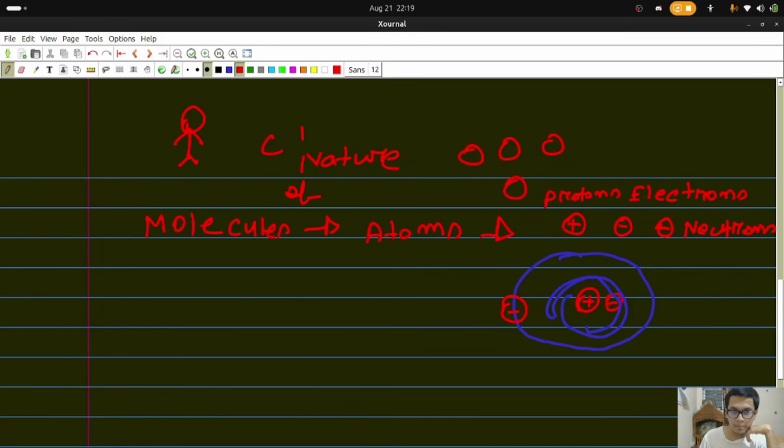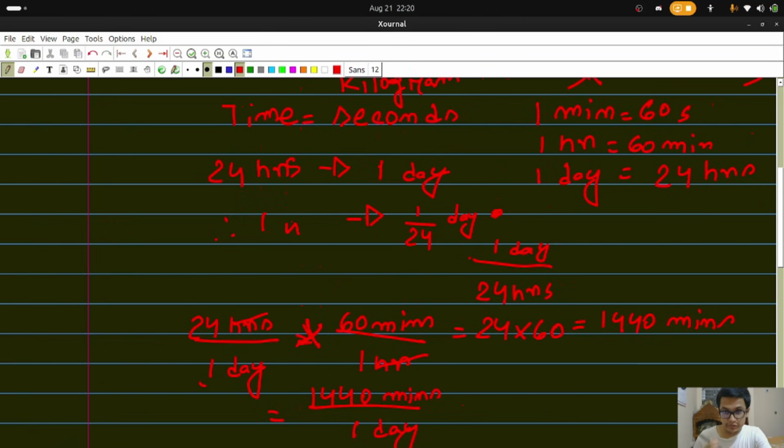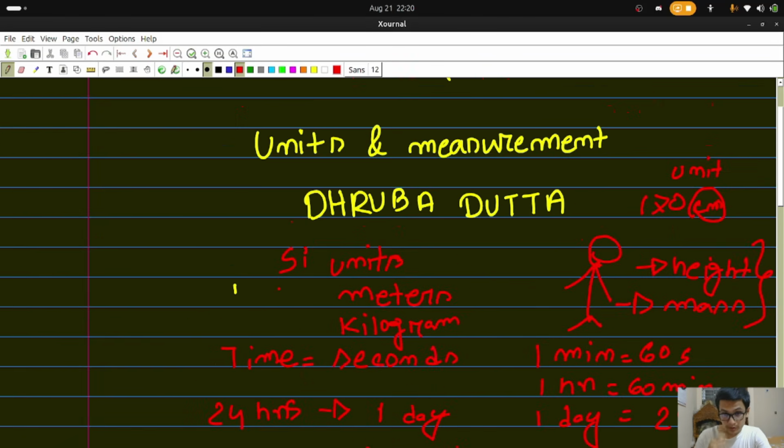At first we have molecules, and if we break more we have atoms, and then protons, electrons, and neutrons. There's more in-depth stuff like that. Those are some advanced particle physics topics, but we don't need to go through them. So I guess we are finished with this part, and we have understood some things.